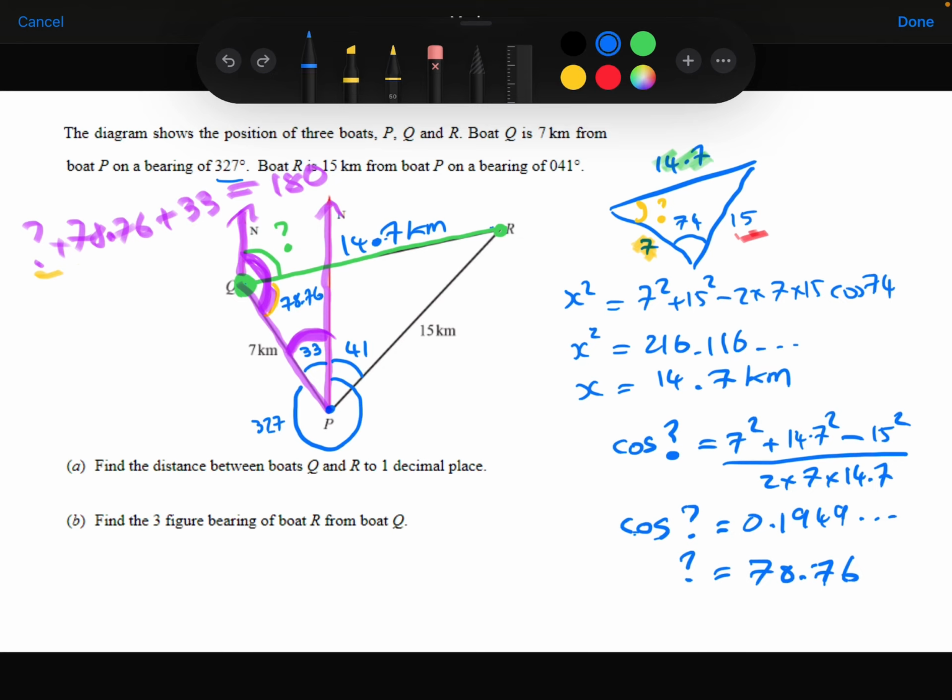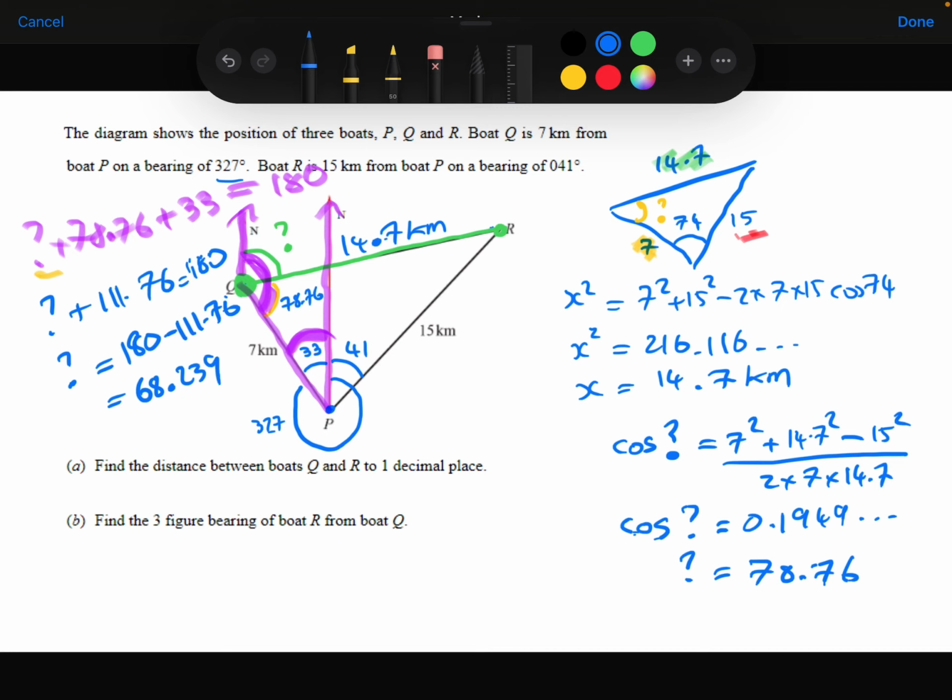Right, the 78.76 plus the 33 is 111.76. And that's equal to 180. So if I subtract that from 180, I get 68.239.